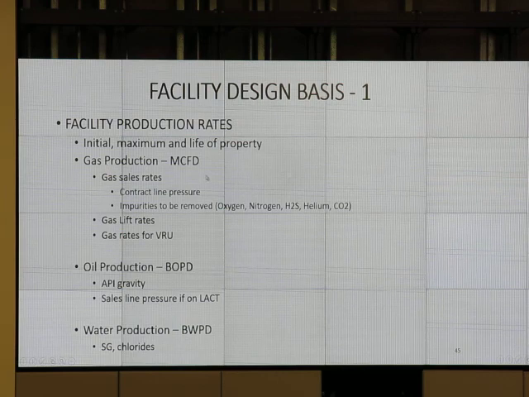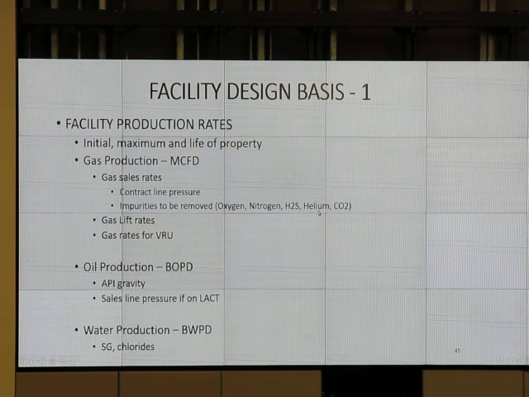Gas production, MCF. What are my gas sales rates? What does my contract say my line pressure is going to be? What impurities have to be removed? Oxygen, nitrogen, H2S, helium is an impurity, CO2. Helium, by the way, the last I saw, was selling for $75 to $100 an MCF.